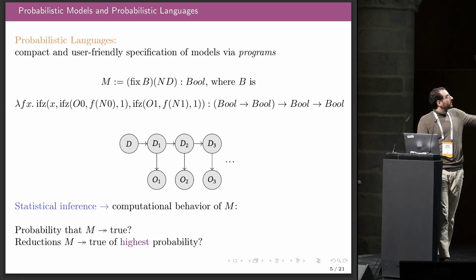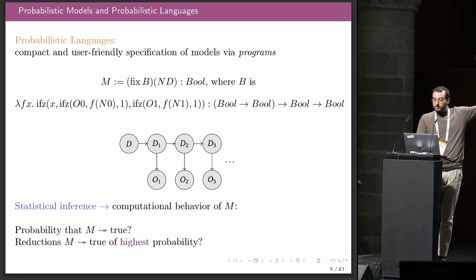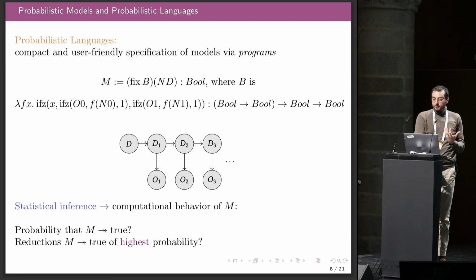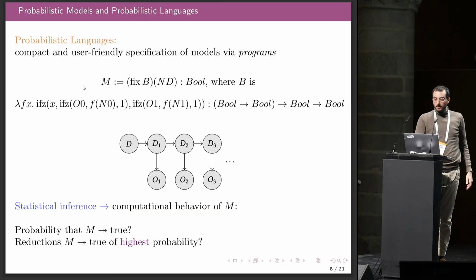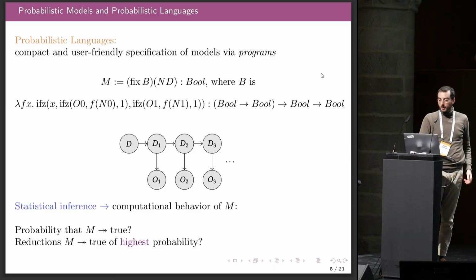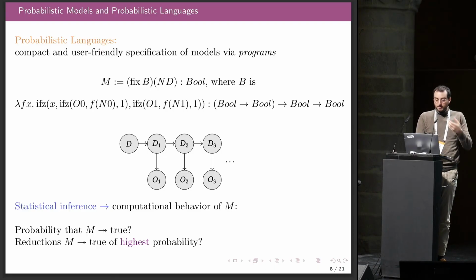Now, you don't need to understand exactly this program, it's just to show it to you. But if you consider this M, what's interesting here is that since we can exploit all the expressiveness of the language, here we have a fixed point, so there is some recursion going on, and this would correspond to a model which starts with an initial distribution D, then updates it, then makes an observation on it, and depending on the outcome, it may continue or return.